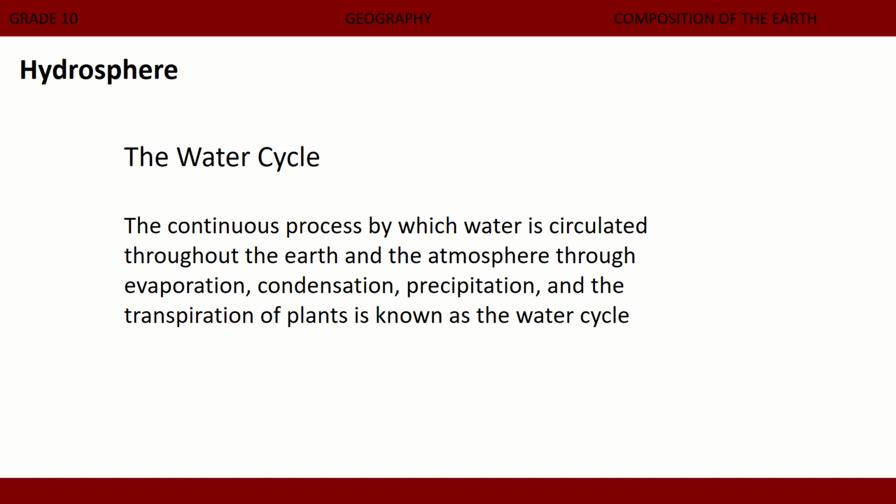Now we are going to discuss about water cycle. The continuous process by which water is circulated throughout the earth and the atmosphere through evaporation, condensation, precipitation and the transpiration of plants is known as the water cycle.